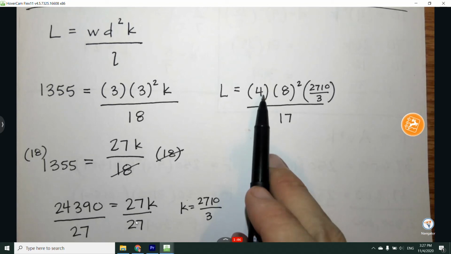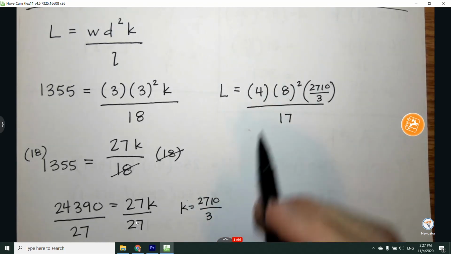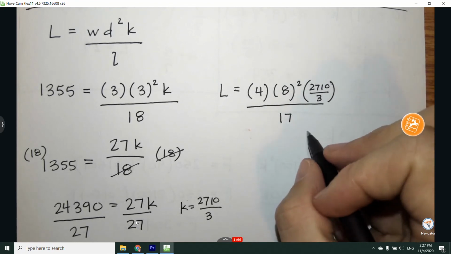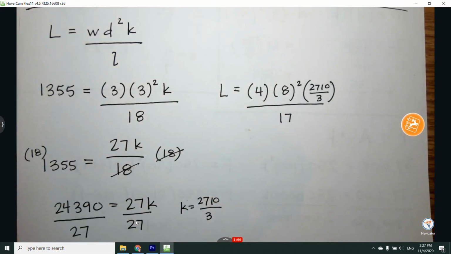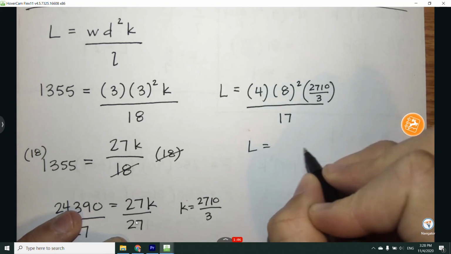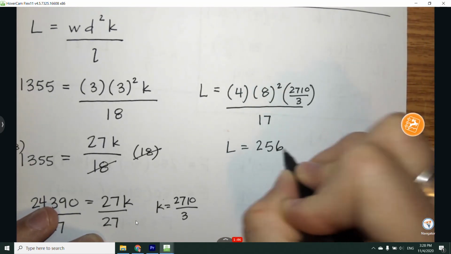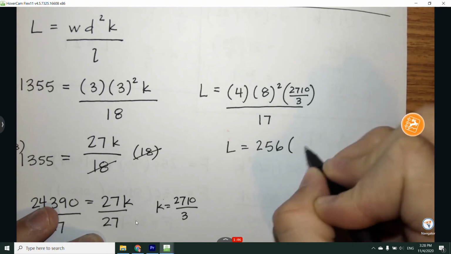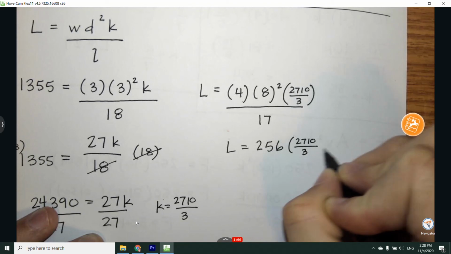So we're going to go ahead and multiply this, plug in our new numbers. And so 8 squared is 64, and then 64 times 4 is 256. So we get L equals 256, and we're multiplying this times 2710 over 3.